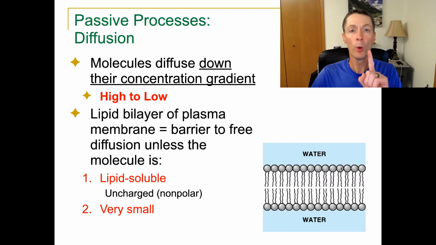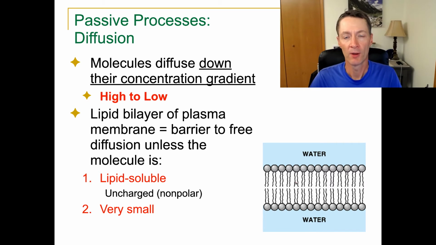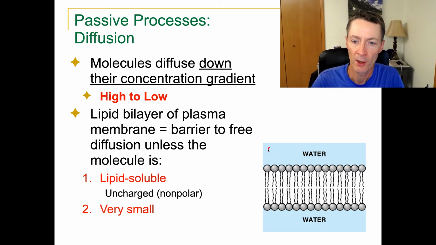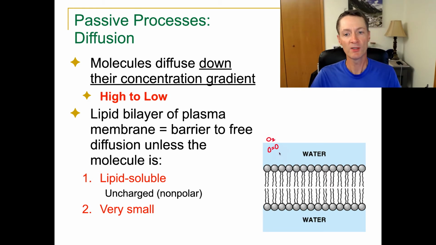What, however, will make it through our phospholipid bilayer would be something that does not have charge. So let me give you an example. We have two oxygen atoms bound together, sharing electrons. You might also refer to it as oxygen, O2, right? This is dissolved in the water, let's say outside of this cell, and let's say there's more of it on this side, okay?